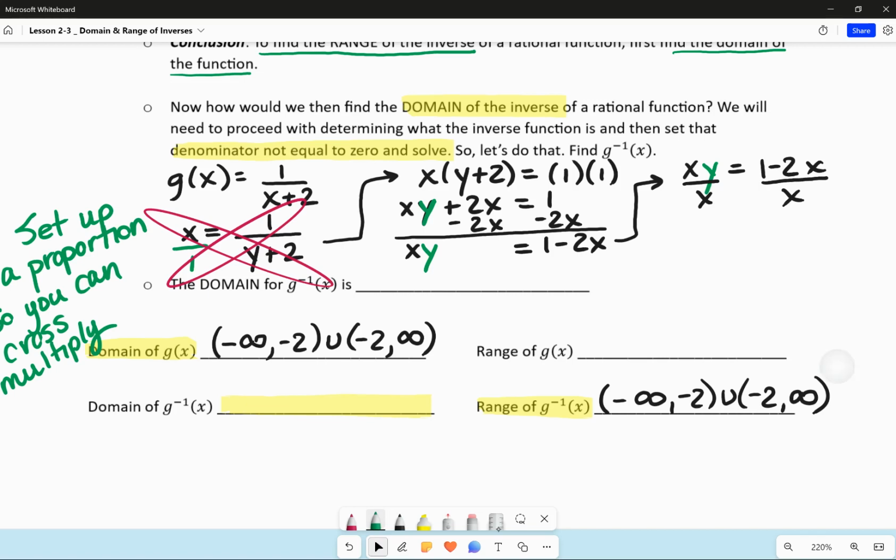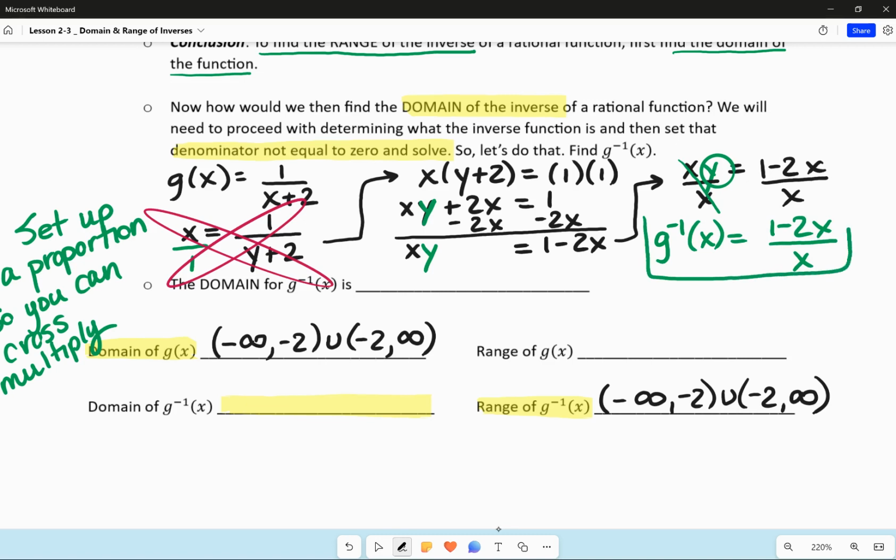And so now your y is isolated. So you have solved for the inverse of g of x. Let's write that out. The inverse of g of x is 1 minus 2x over x. So let me box that in.